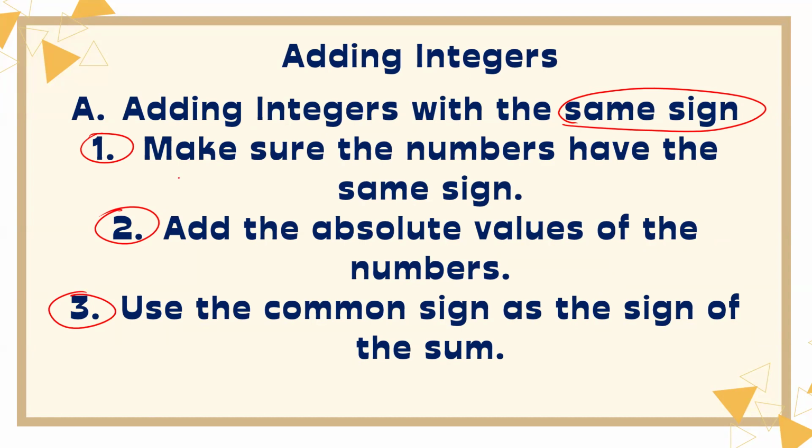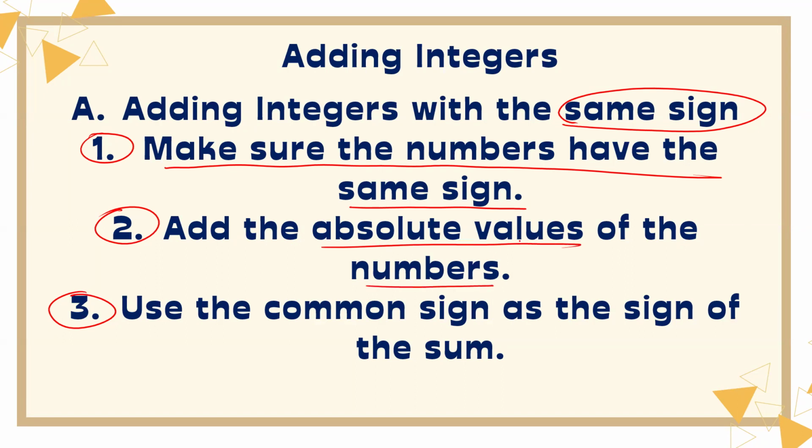The first step is to make sure that the numbers actually have the same signs, so that you'll be able to use this process. Second, add the absolute values of the numbers, whether positive or negative, and use the common sign of the two numbers as the sign of the sum of the two numbers.